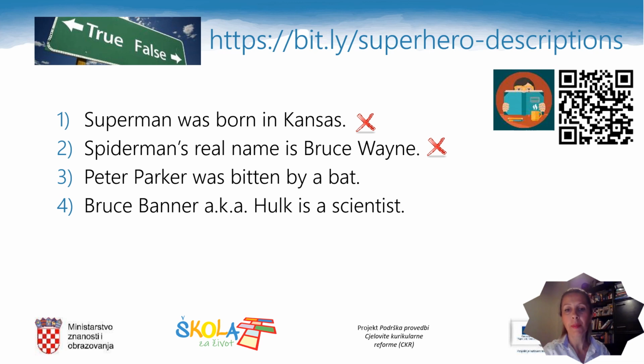Peter Parker was bitten by a bat. Now we've just mentioned that Peter Parker is actually Spider-Man, so this is a false sentence, as he was bitten by a spider. Bruce Banner, also known as Hulk, is a scientist. This sentence is a correct one.